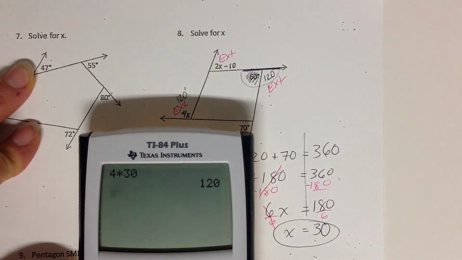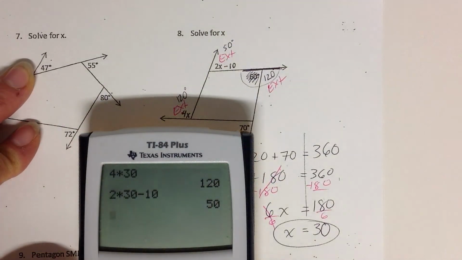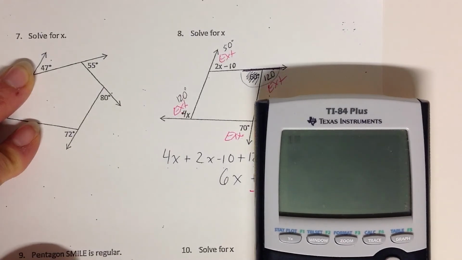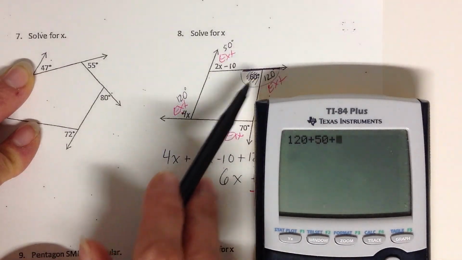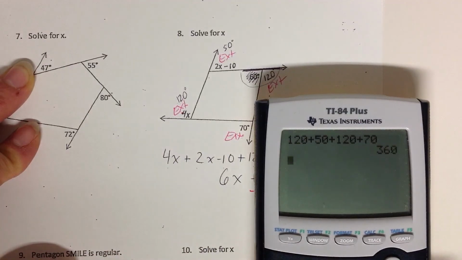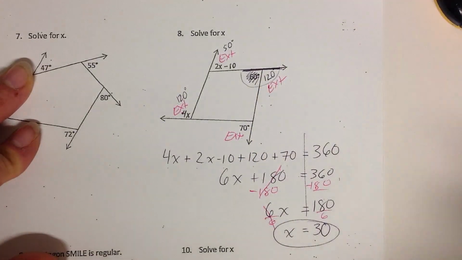Now I just need this one. 2 times 30 minus 10 is 50. And now I'm going to take my 4 exterior angles and double check that they actually add up to 360. Make sure my algebra is right. 120, 50, another 120, and a 70. Yep, they all add up to 360, so I like my solution.